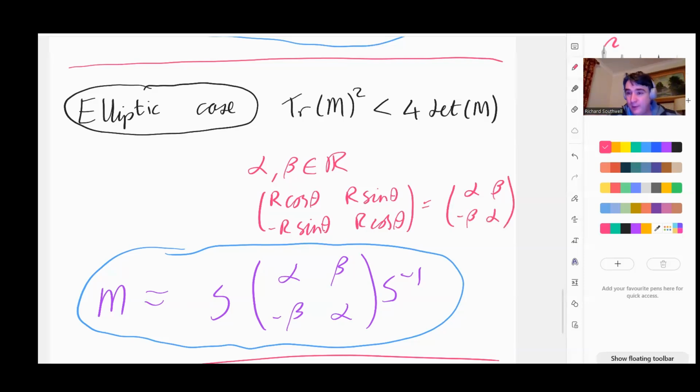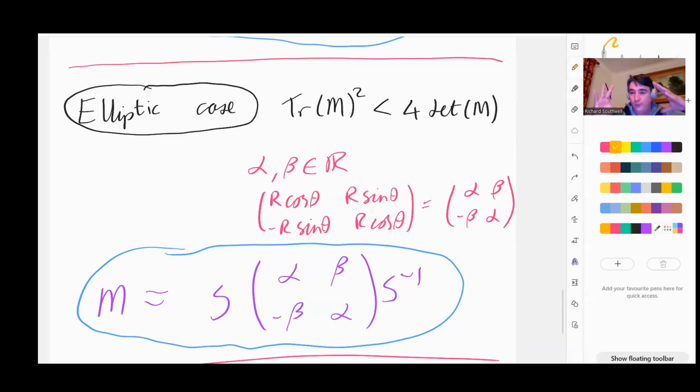So I find this really kind of mysterious and interesting because we remember this, right? These are the complex numbers that we saw before. These are the sort of matrix version of those complex numbers. And what we're seeing here is that in this elliptic case, our matrix is similar to one of these complex number style matrices.